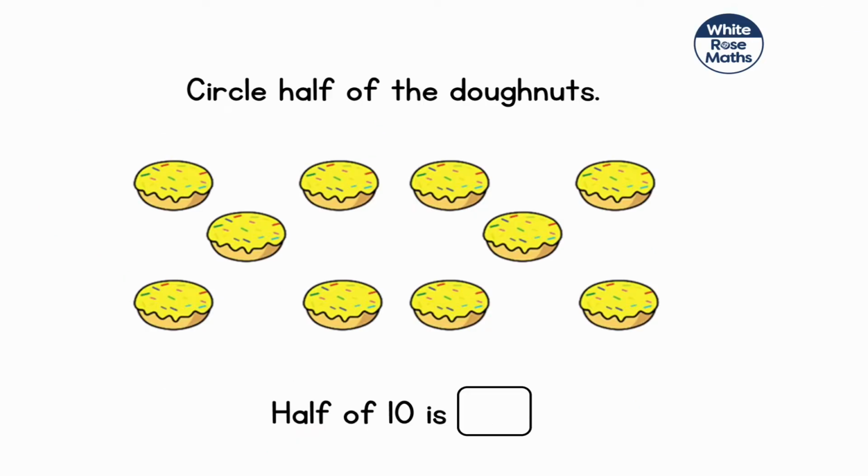Next question. Circle half of the donuts. I've got 1, 2, 3, 4, 5, 6, 7, 8, 9, 10. A half of 10 is 5. 10 divided by 2 is 5. A half of something means dividing it by 2, splitting it into 2 equal parts. 1, 2, 3, 4, 5.